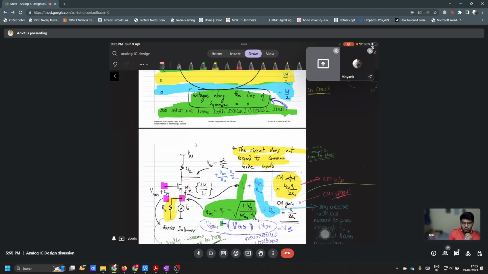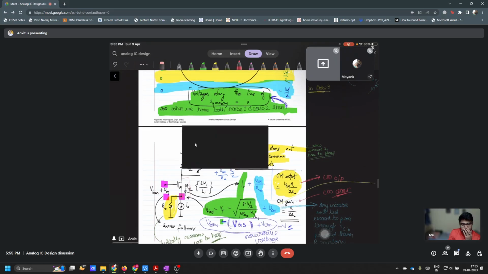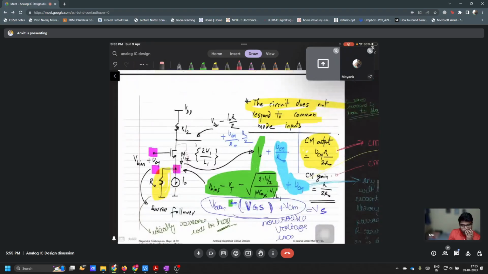Sir, when I asked you about that point VCM, I was going through the analysis and I said that the drain should follow the VCM, even if there is a resistor connected. This is a common drain mode, right?